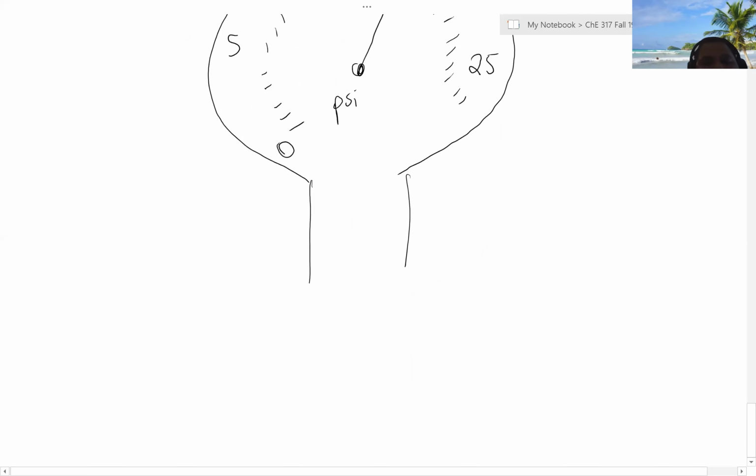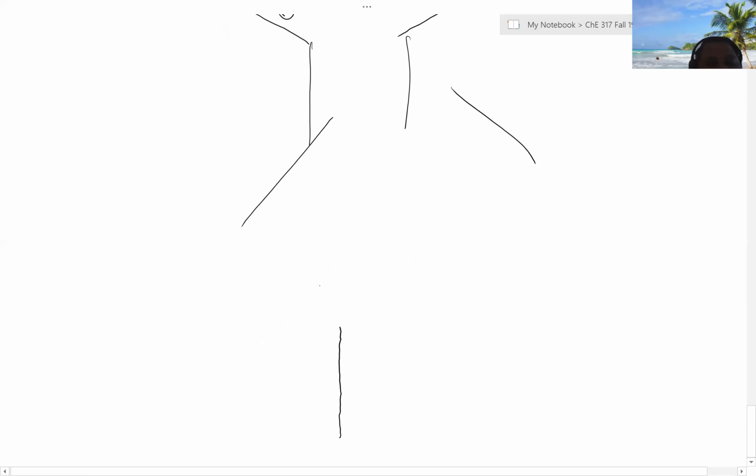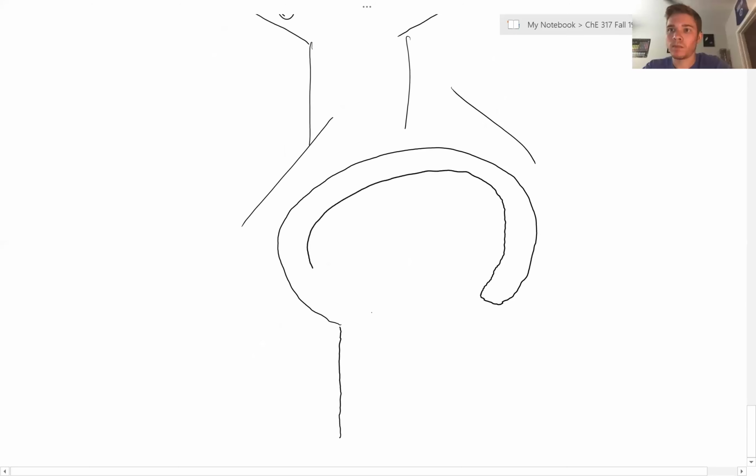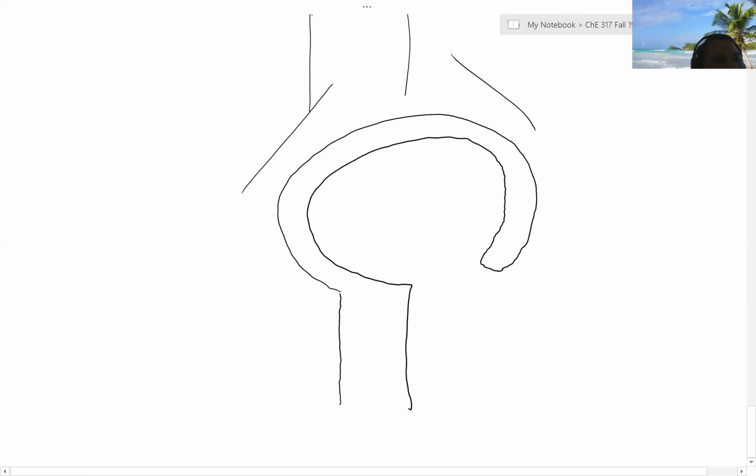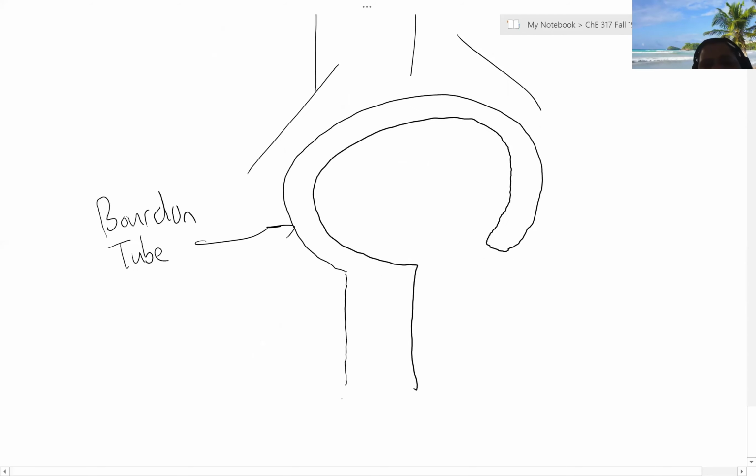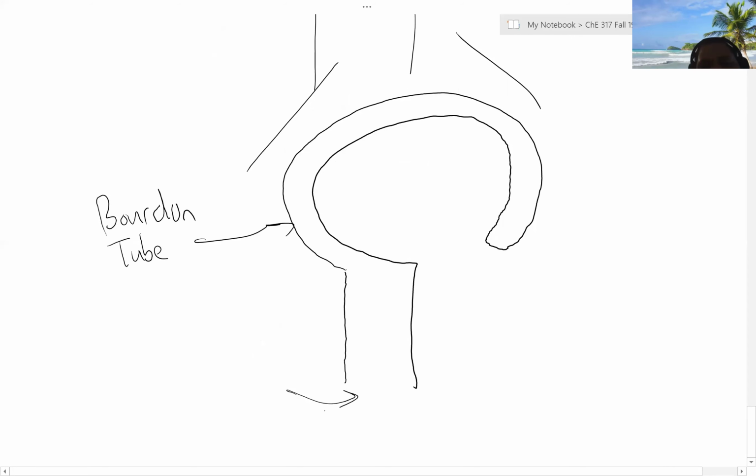If we take a close look inside of that, what you're going to see is a device that looks like this. And I know everybody loves my artwork. And so you end up with this essentially hook-looking tube that's called a Bourdon tube. And that Bourdon tube connects via a fitting here to whatever fluid you want to measure the pressure of.